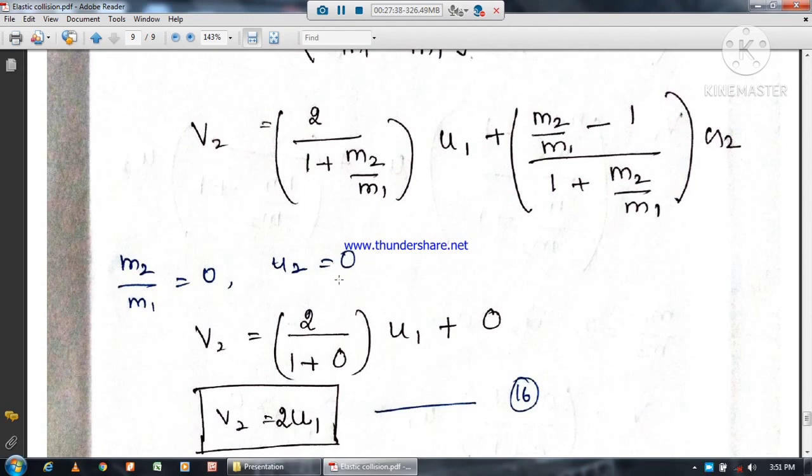So we follow the same procedure and we can find v2 and v1.